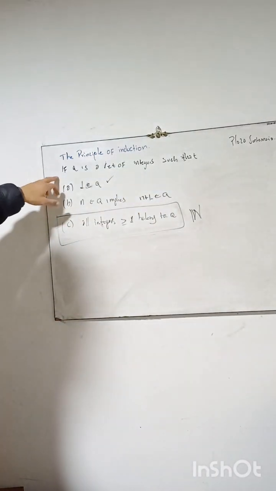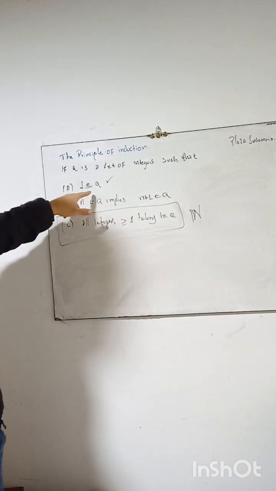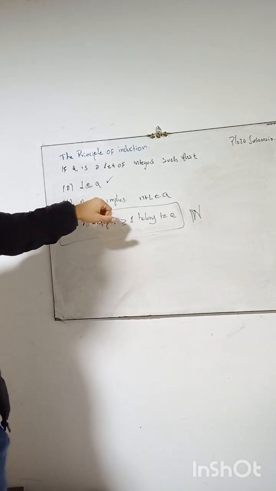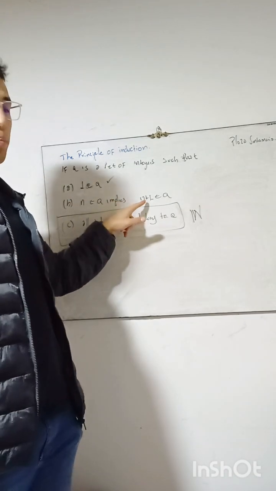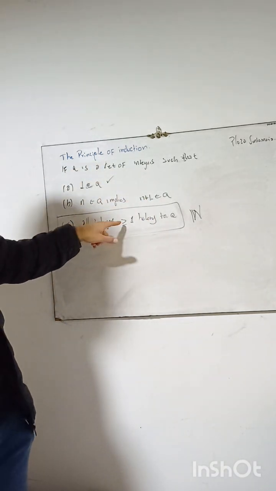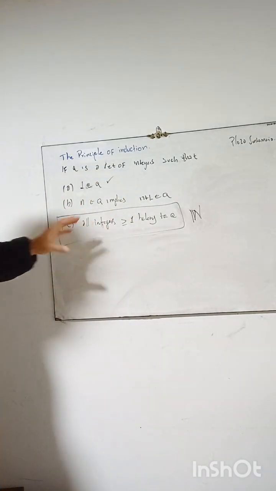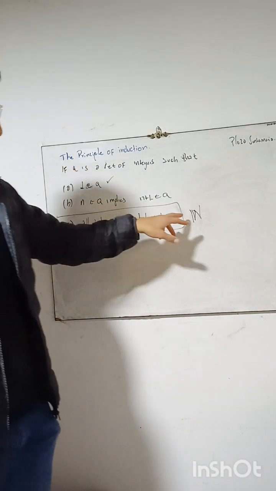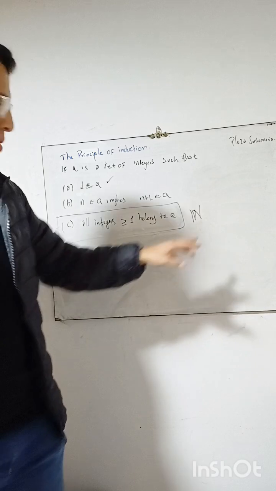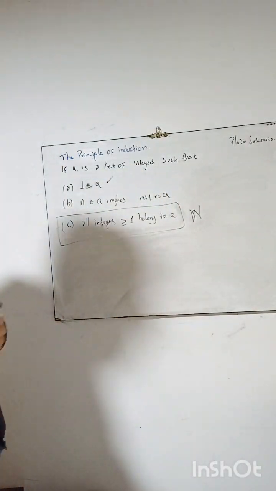It says: if Q is a set of integers such that 1 belongs to Q, and n belonging to Q implies n plus 1 is in Q, then all integers greater than or equal to 1 belong to Q. This is strange, but it means that the set Q is the natural numbers. That's it.